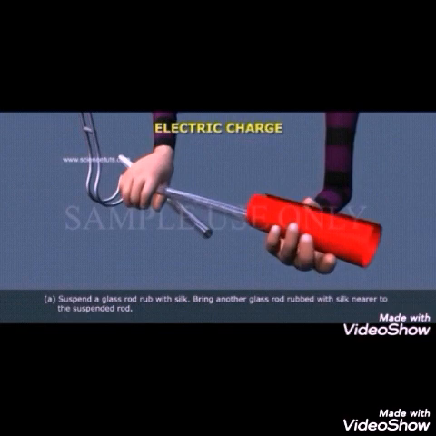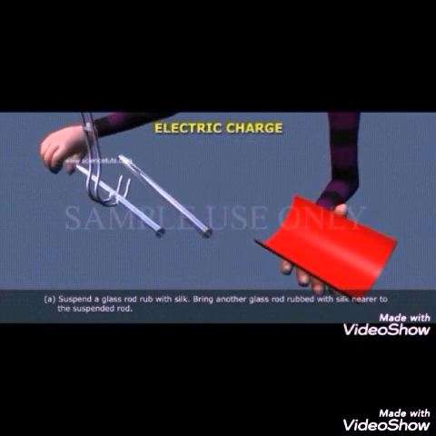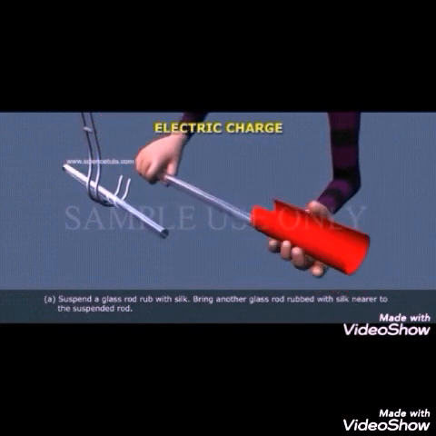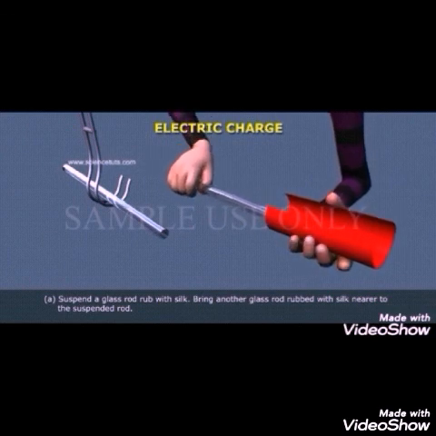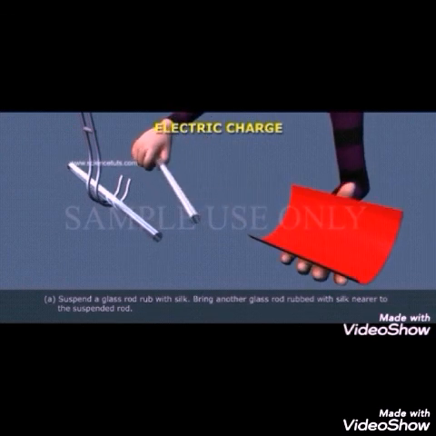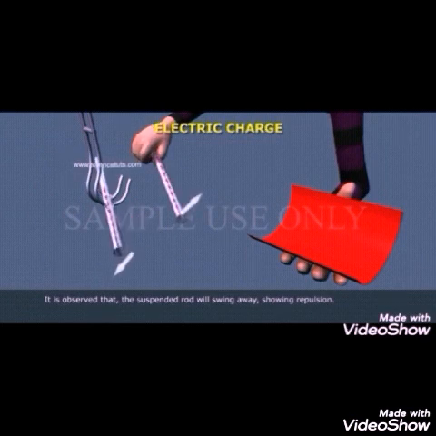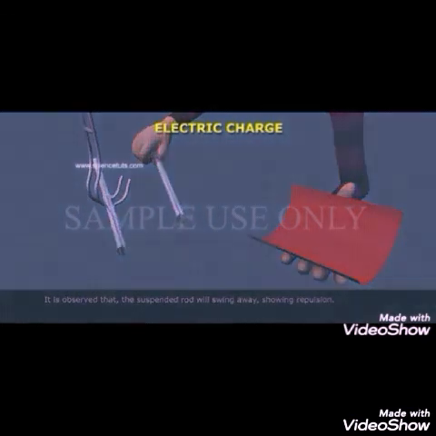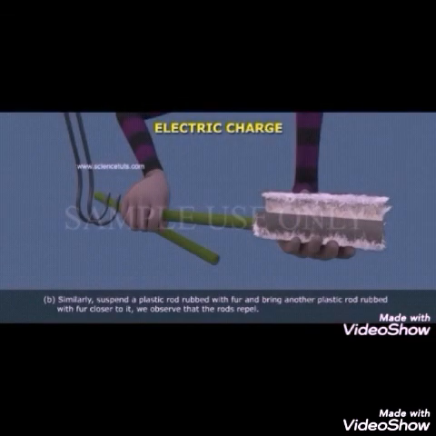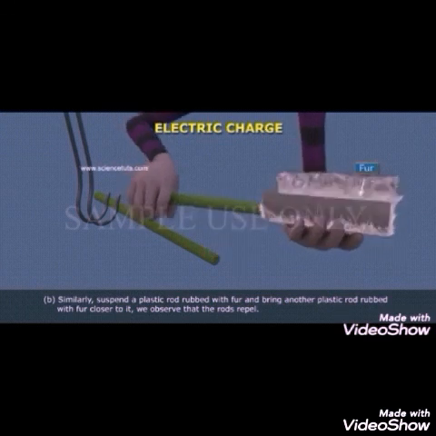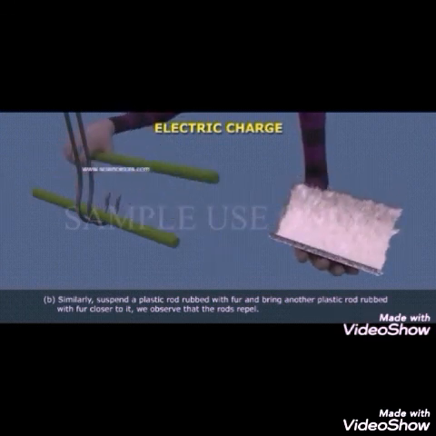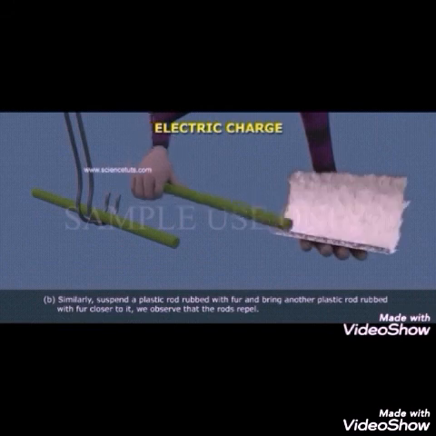A. Suspend a glass rod rubbed with silk. Bring another glass rod rubbed with silk nearer to the suspended rod. It is observed that the suspended rod will swing away, showing repulsion. B. Similarly, suspend a plastic rod rubbed with fur and bring another plastic rod rubbed with fur closer to it.